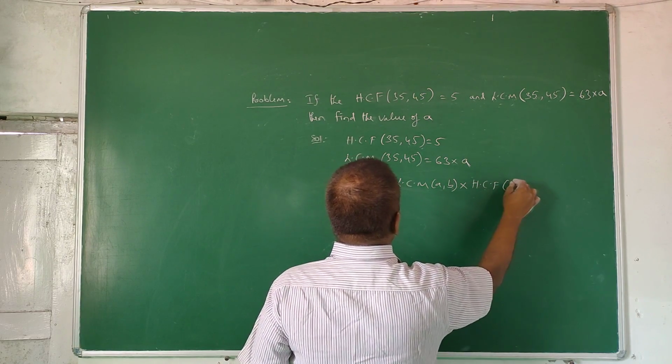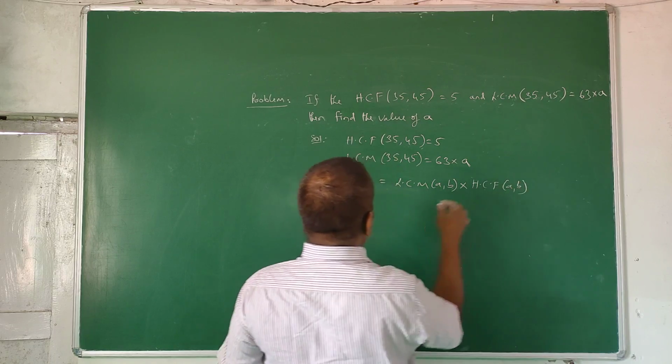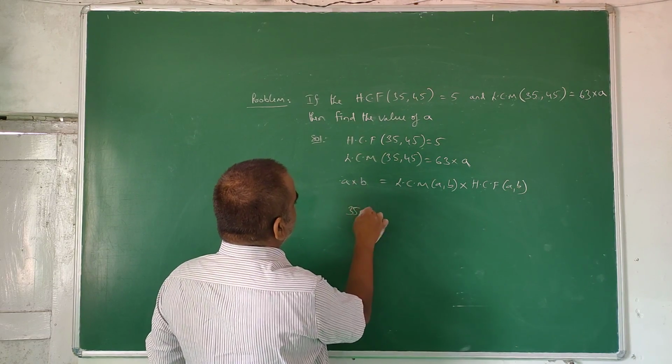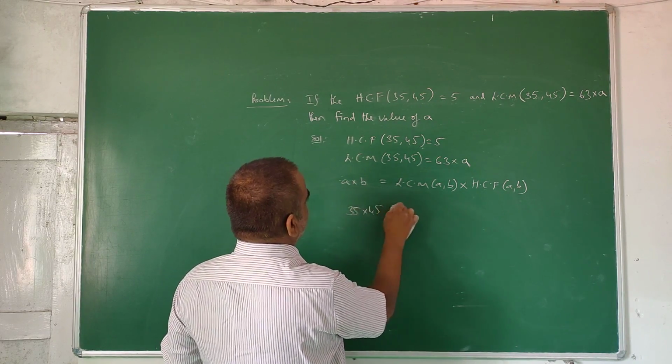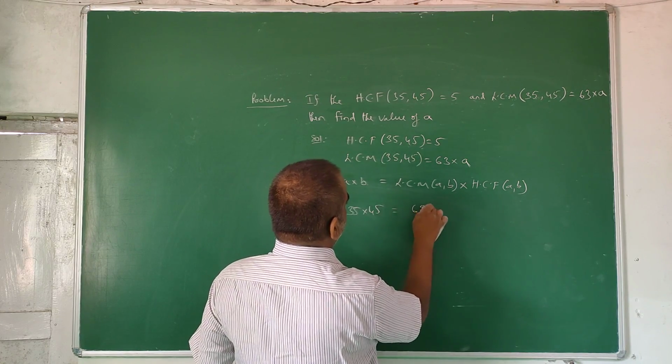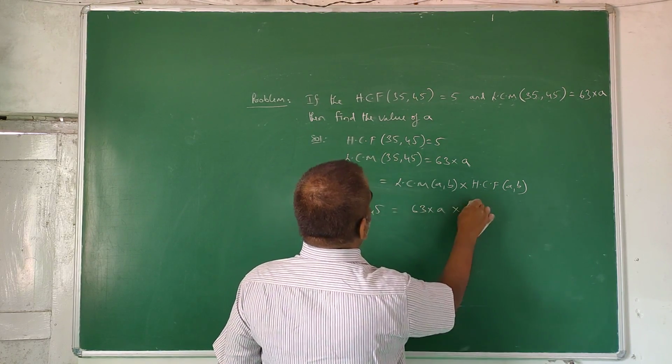This is a formula. So here the numbers are 35 and 45, which is equal to 63 into A into 5.